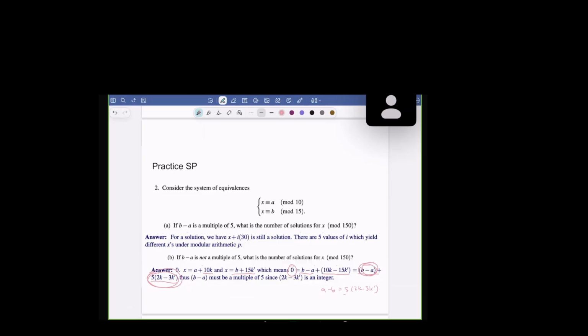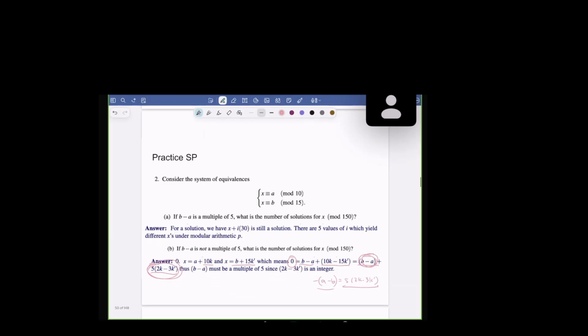You know that if this side is divisible by 5, then this side must also be divisible by 5. So if 5 divides a minus b, then when you negate it, 5 would still be able to divide it. So that's the idea behind that.